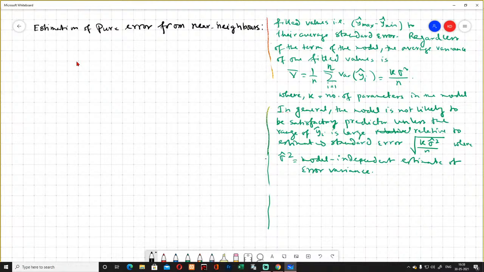So that is the reason we use this thumb rule.